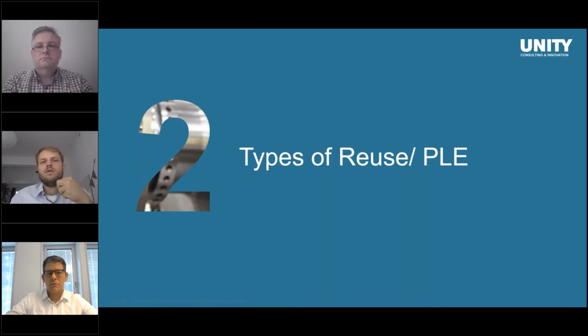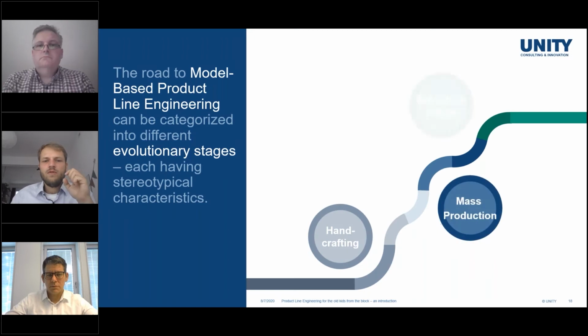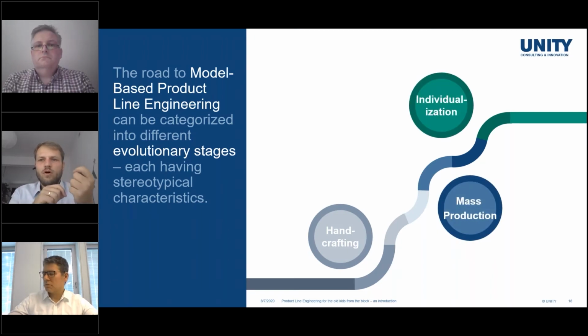I would like to present those a bit further, because they build on each other, and for us they are more like evolutionary stages. That's why we gave them names in reference to the different industrial revolutions, as Michael was saying before. We come from a handcrafting stage where every product is uniquely designed and produced for a customer.